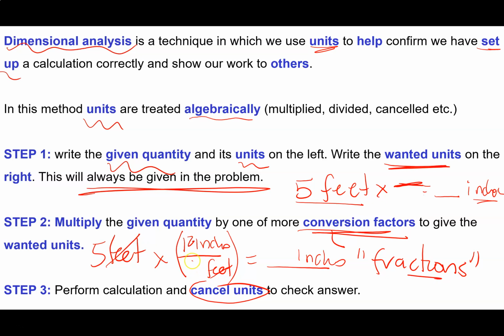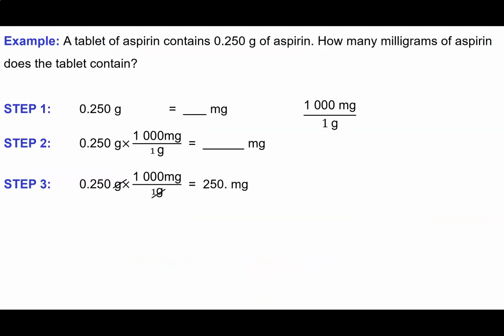It's going to be 12 inches for every 1 foot. So you can see there, 5 times 12, and that's going to give me my answer: 60 inches. You can see by cancelling these units, anybody can very easily see that I've done this math correctly.